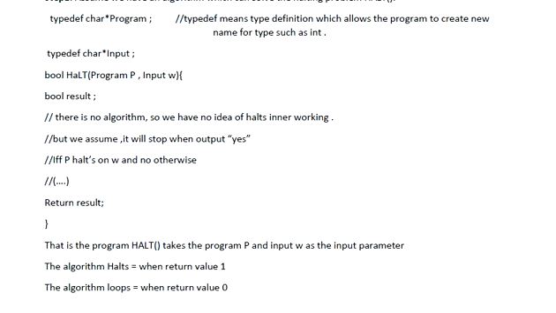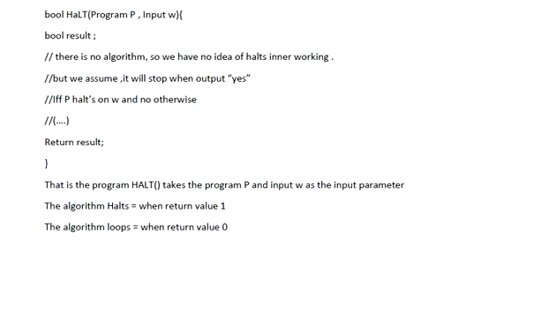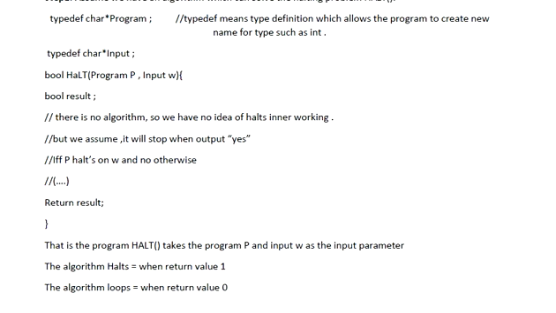When the algorithm halts, it returns the value 1, while if the algorithm loops, it returns 0. Now in this step it is just an assumed algorithm. We assume that we have an algorithm for the halting problem, while in reality we don't have any algorithm.